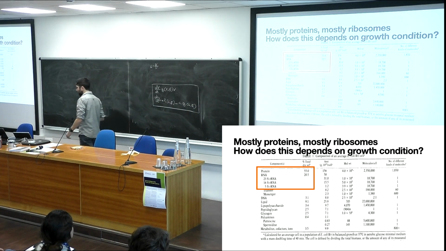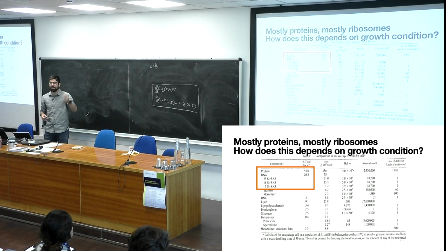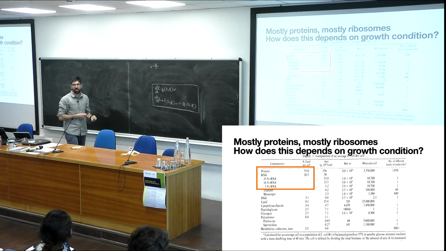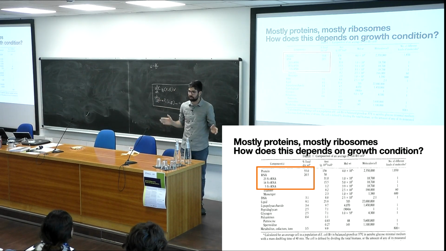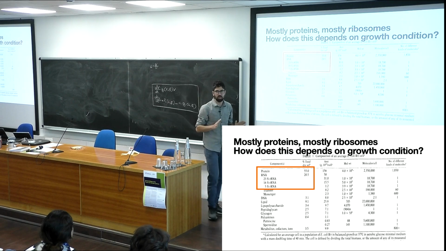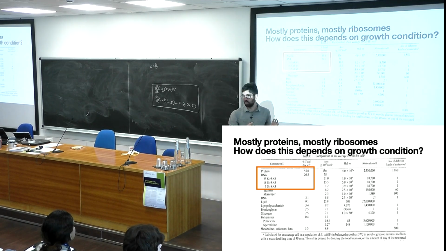So people did this, okay, so I have this measure. And then I want to somehow relate it to conditions. Let's say that I consider different sugars. How do I change condition? I could have billions of choices, but one simple condition is to change the nutrient.